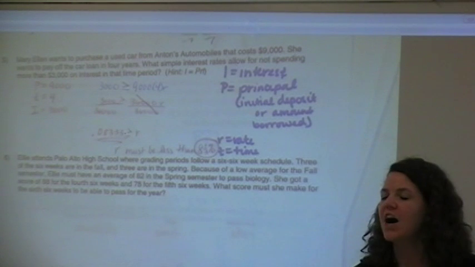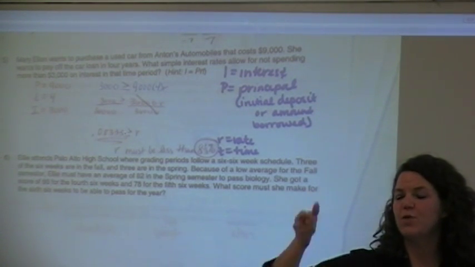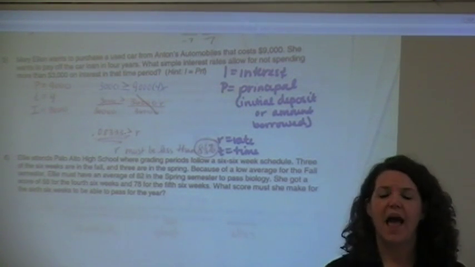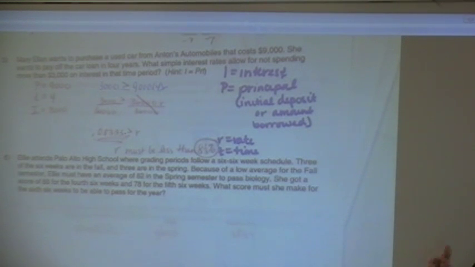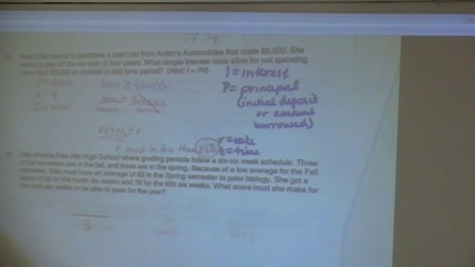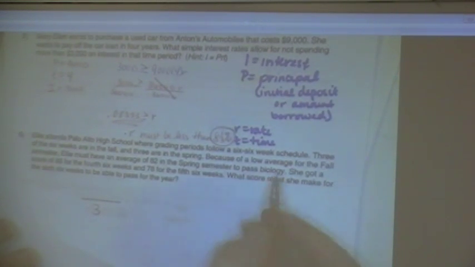Now, assuming that all six weeks are weighted equally, how do you find an average when things are weighted equally? Add them up and divide by how many there are. Well, it's the second semester. How many six weeks are in the second semester? 3. So we're going to divide by 3. I've got to add up the grades for each six weeks that's in the second semester.